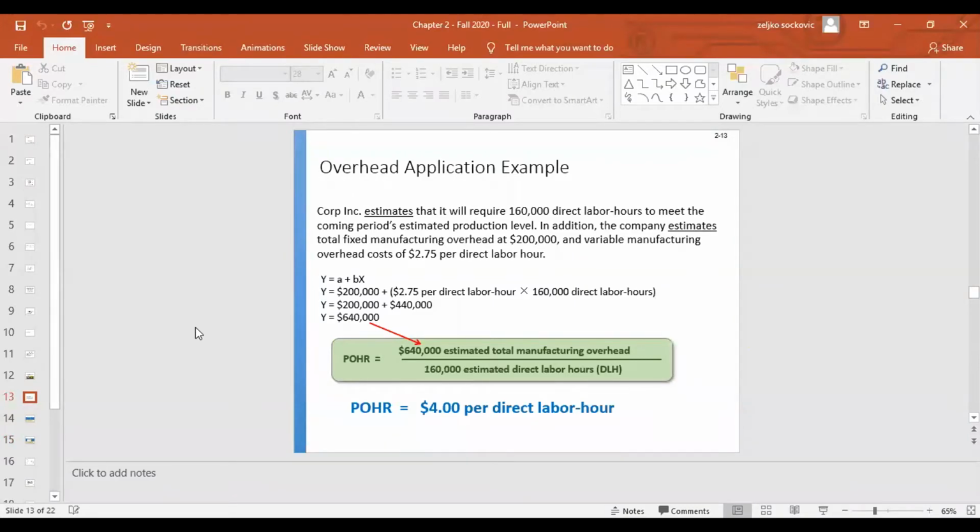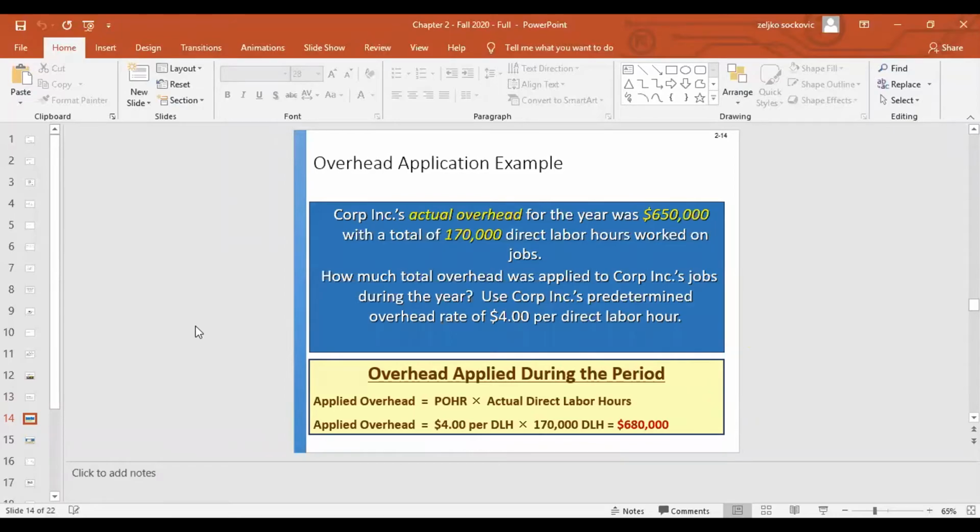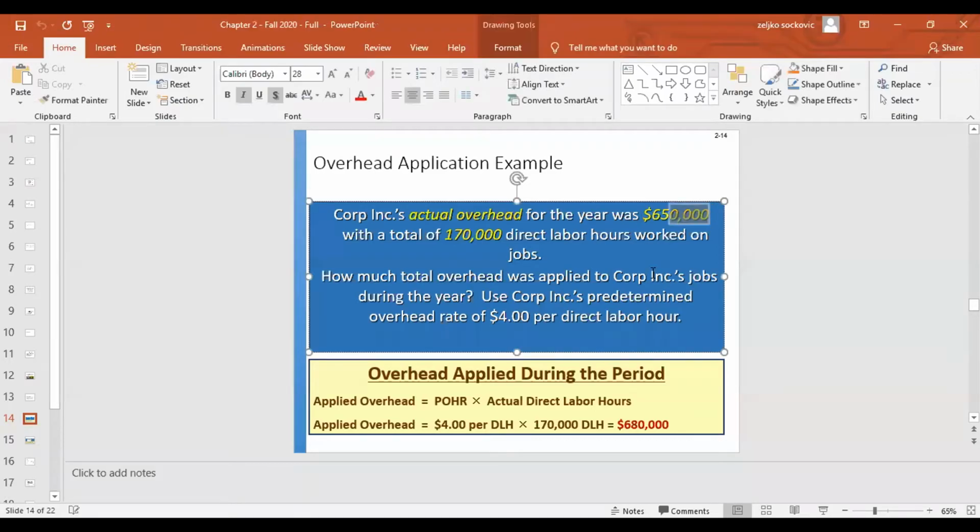So we might say, well, actually, the overhead will be 650 as it actually came out to be, right? So it's kind of a separate thing between overhead and activity. So we might say our overhead for the next year will be 650 because that was what actually happened this year. If we estimate the same level of production, our hours will be 170.